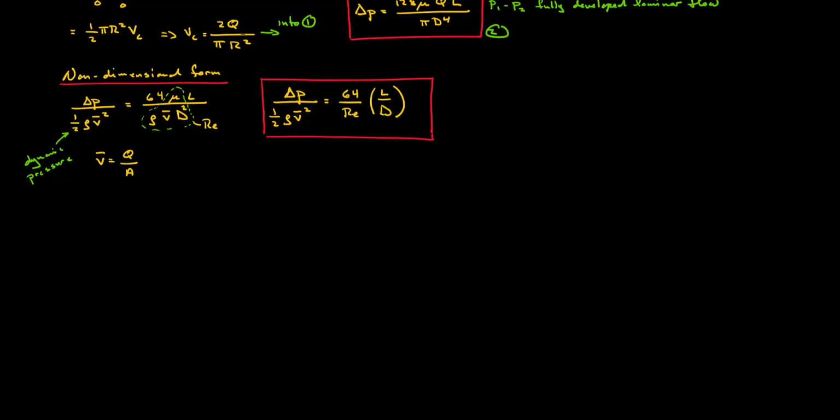And again, this is the non-dimensional P1 minus P2 for a fully developed laminar flow.